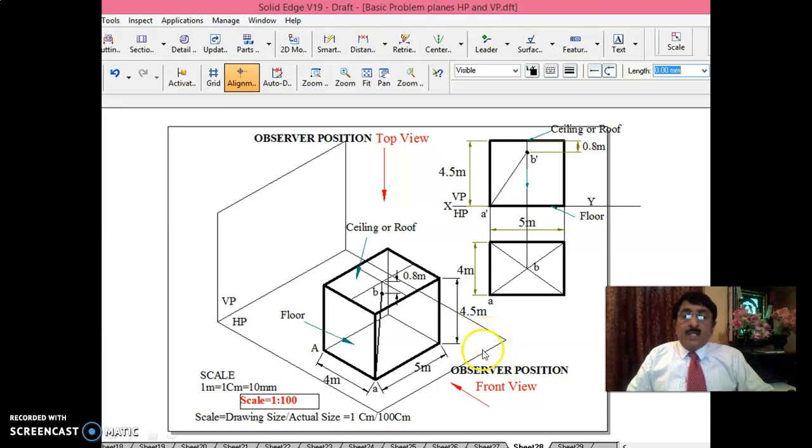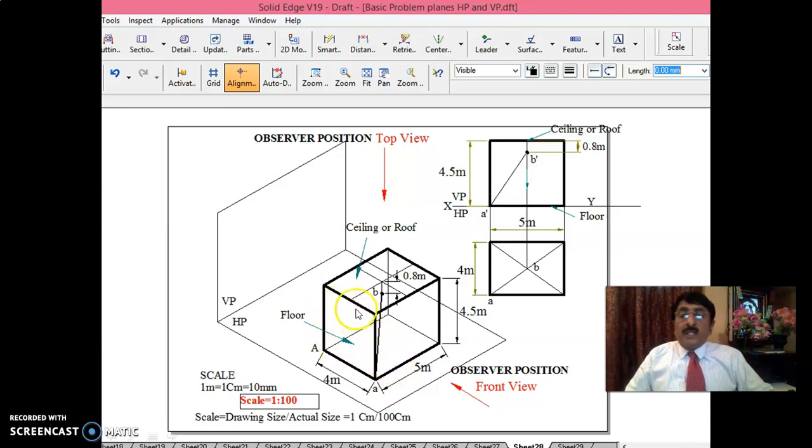They give that the switch is kept on the left wall. That means it should be on the left wall. Previously I said it is at the center of the left wall, that is why I took S dash here and S here. Now in this, what they give is that it is located 1 meter from the front wall.